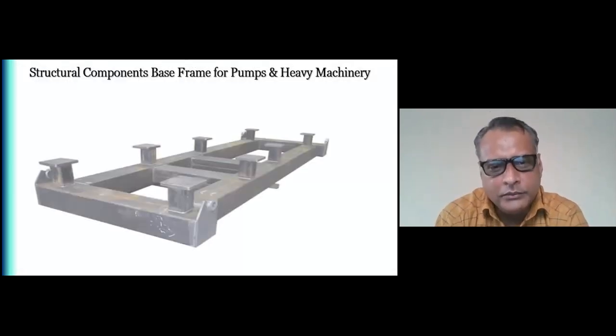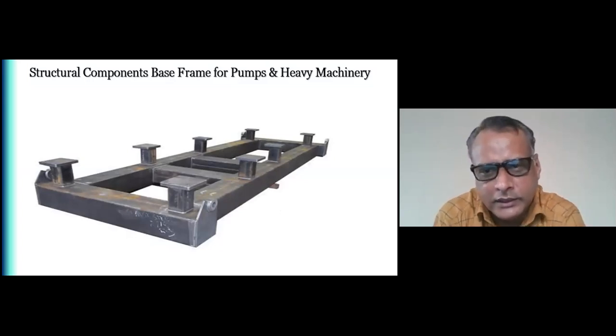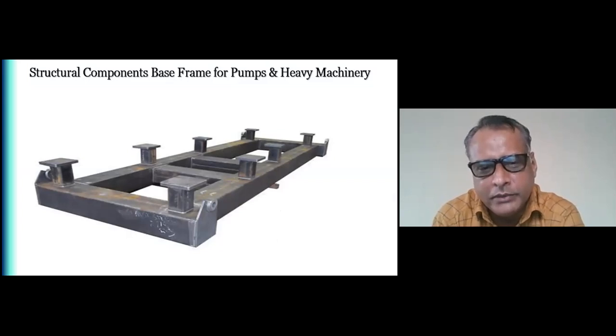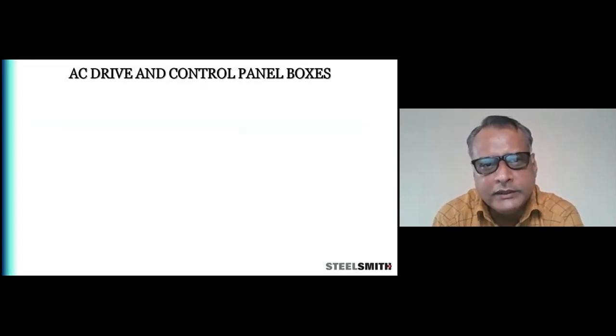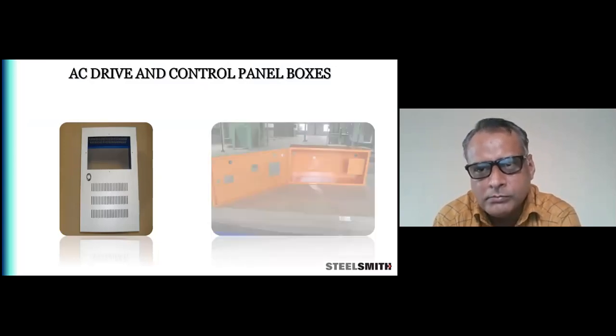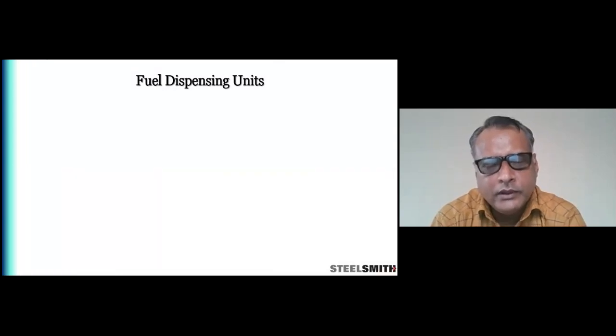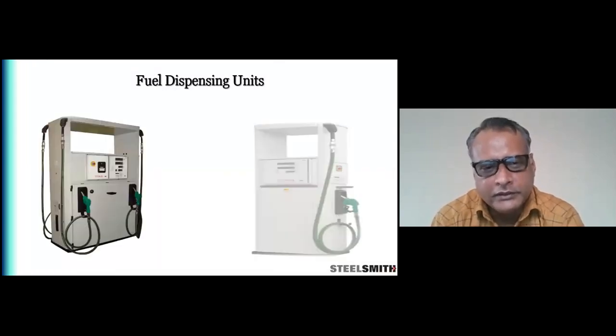Now I am just showing the photographs. Yes, okay. These are just examples. Such a base frame can be prepared. Then AC drive and control panel boxes. Next, these fuel dispensing units.